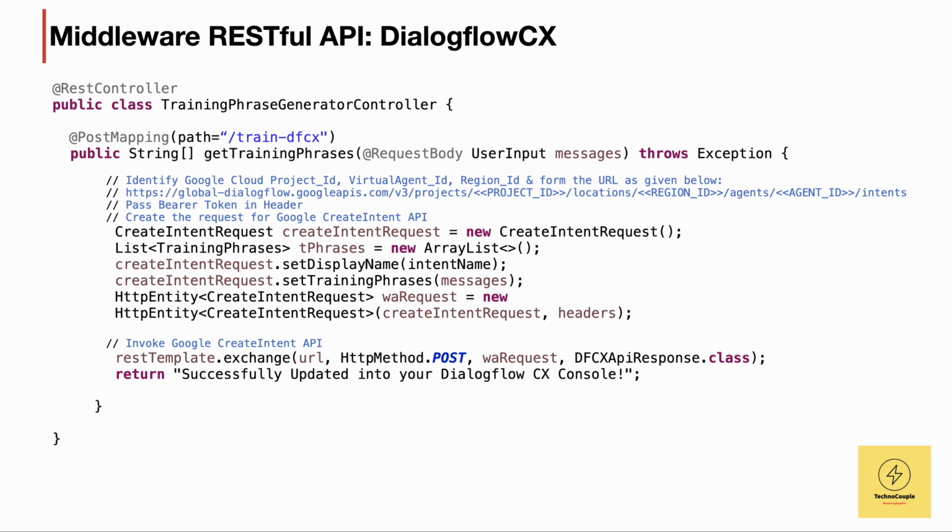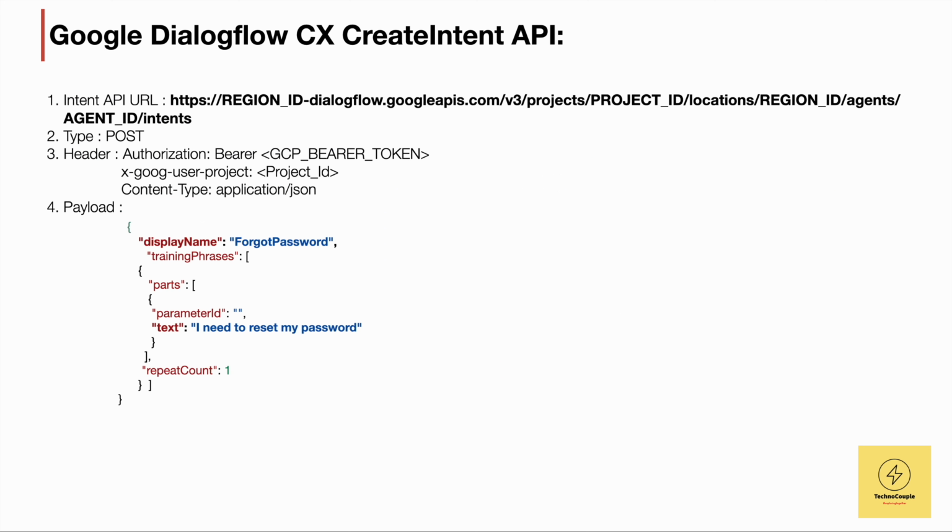This API in turn calls Google's createIntent API. You can see the code sample here. These are the details of Google's createIntent API. It is a POST call. First, you need to form the endpoint as per your Google Dialogflow CX project and virtual agent details. A sample endpoint URL is shown here.